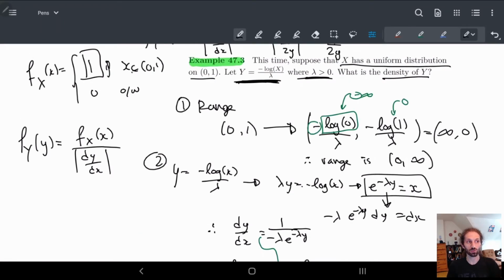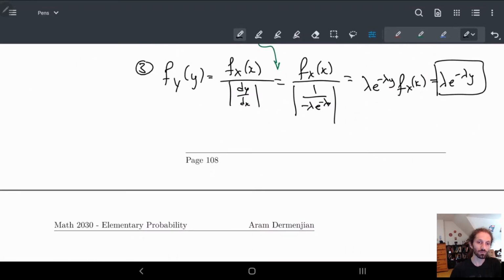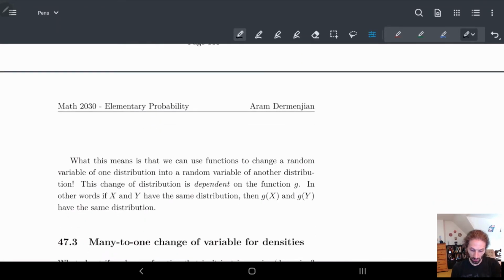I know some people are used to the log uniform distribution. This is not it. This is the uniform distribution. And you can see this from this equality here. So we can use our functions to change a random variable into a random variable of another distribution, which is something cool we can do.